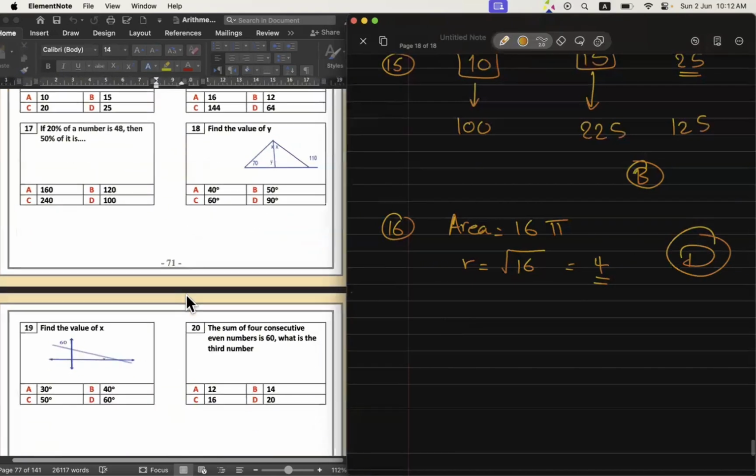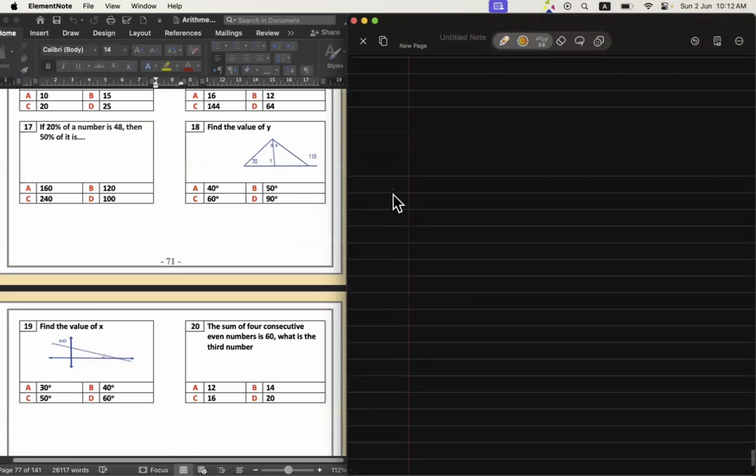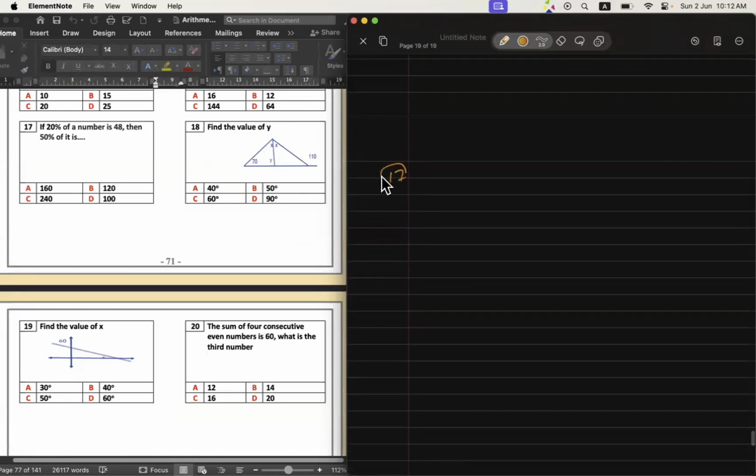For the next question, question 17. If 20% of x, for example, is 48, we want to find 50% of this number. We have several methods to solve this type of question, but I prefer one of them.